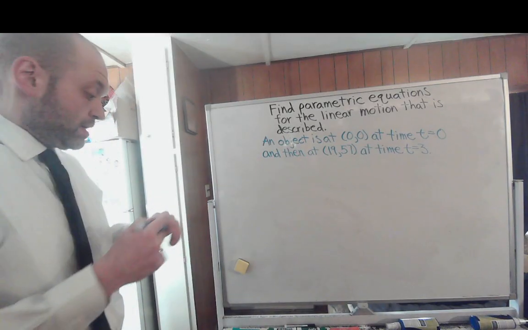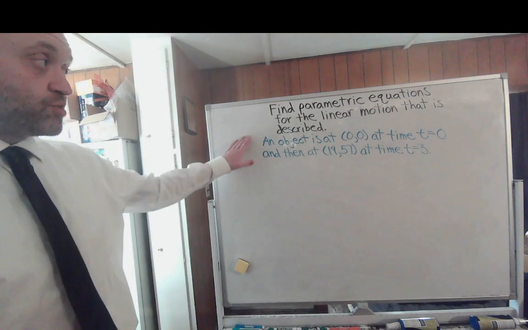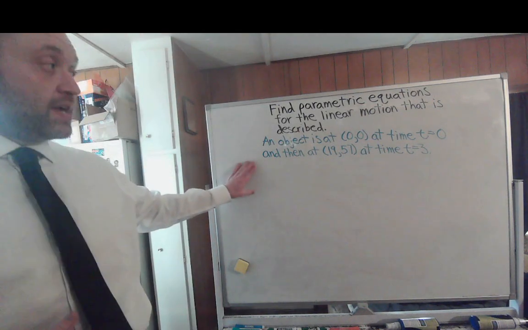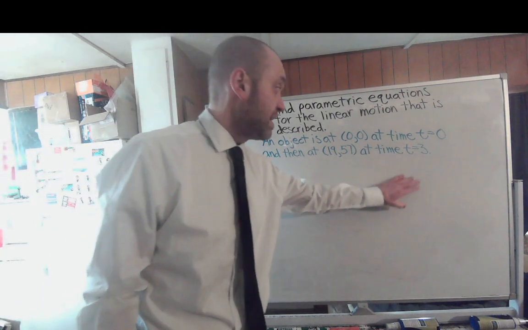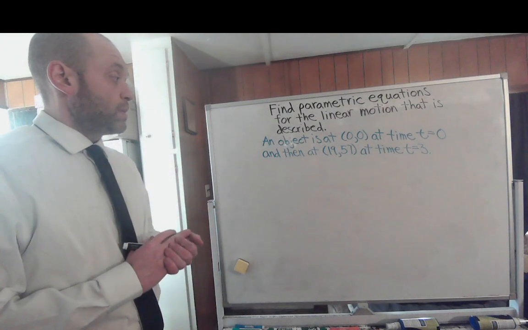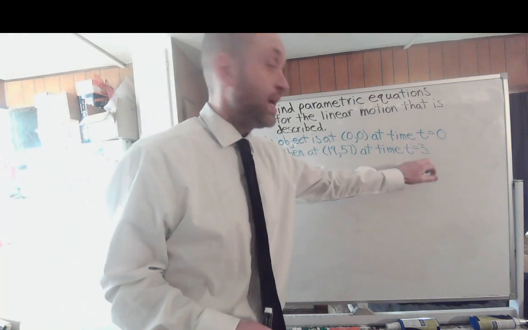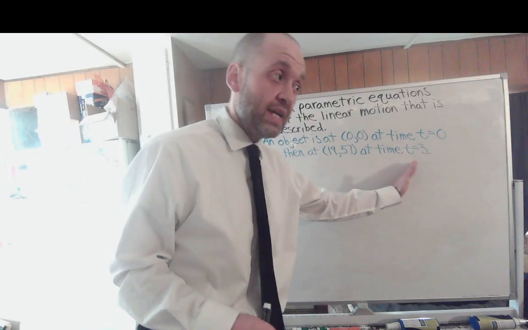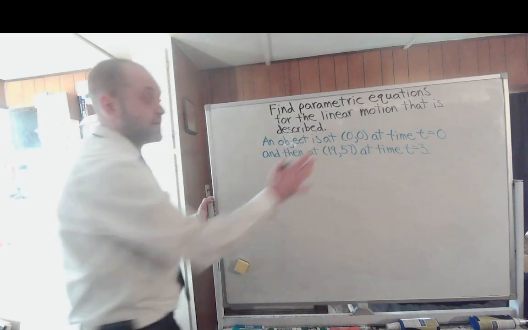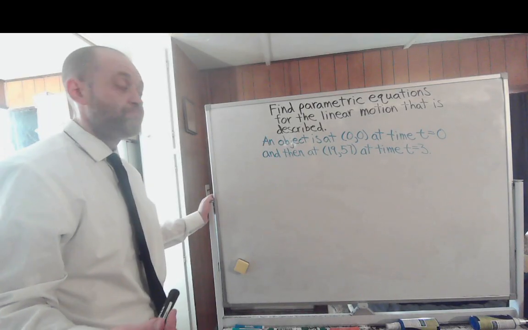This linear motion talks about an object at 0, 0 at time t equals 0, and then at 19, 57 at time t equals 3. Notice that we have a parameter t, the classic parameter t. This is related to time. And notice between both 0, 0 and 19, 57 you have changes in both your x and y.